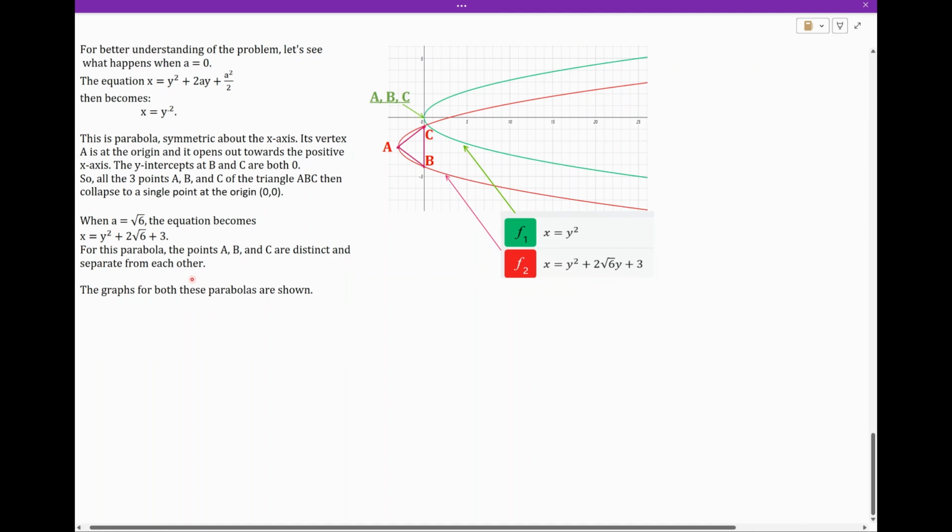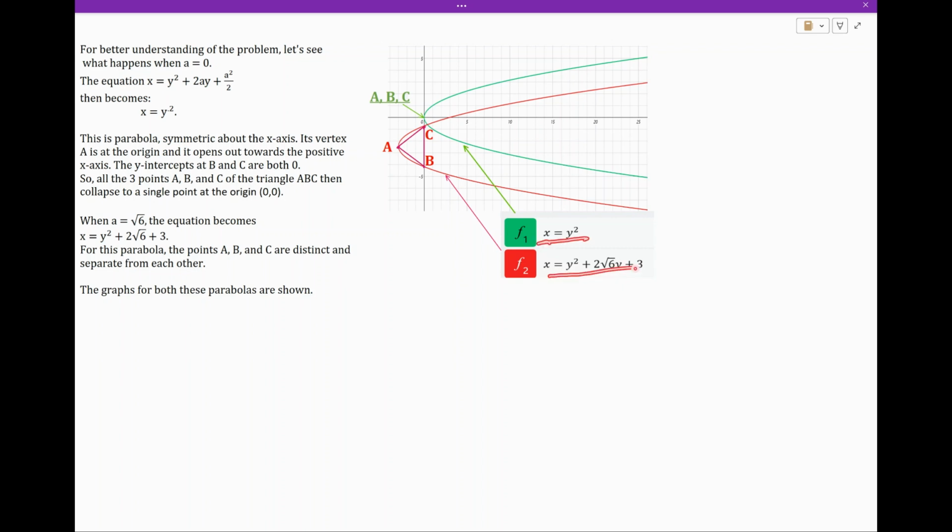And this parabola is shown by the red graph. You see that the point A is here, which is the vertex. Point B is here, which is one y-intercept, and point C is here, which is another y-intercept, and the triangle ABC is an equilateral triangle.